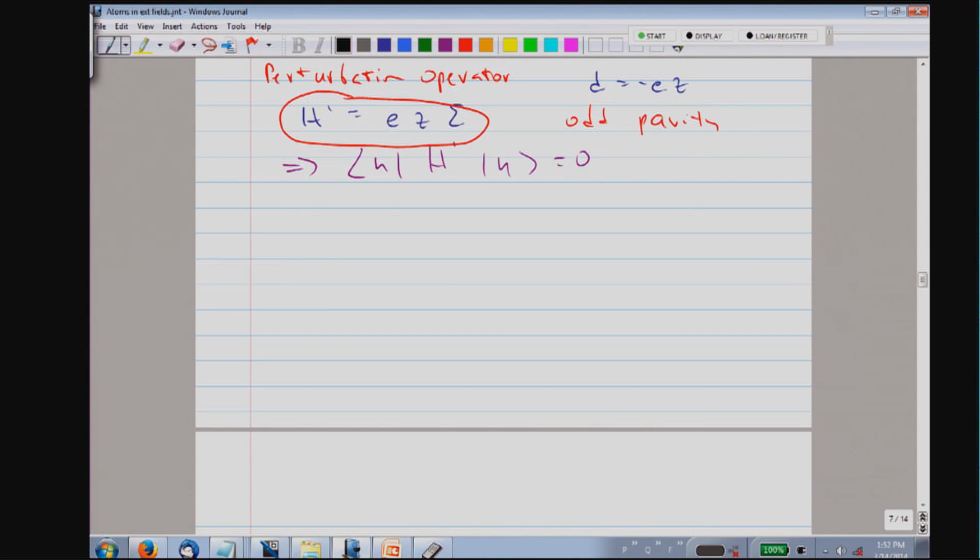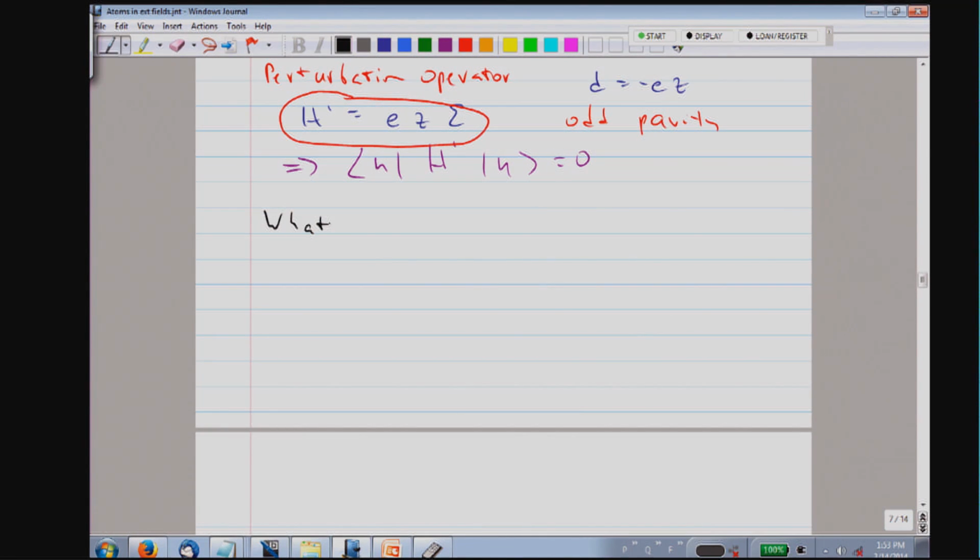I will do the perturbation theory and I will explain everything, but maybe you want to predict the result, which I want to derive in the next 10 minutes. And the question is, what will we actually get for the expectation value of H prime?